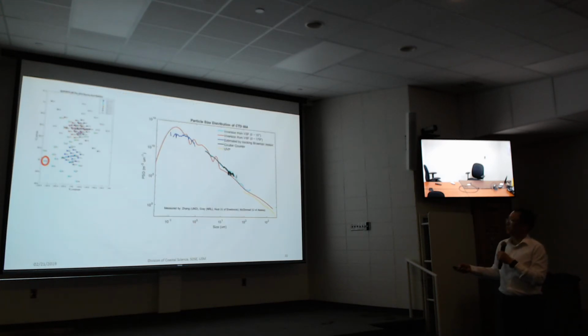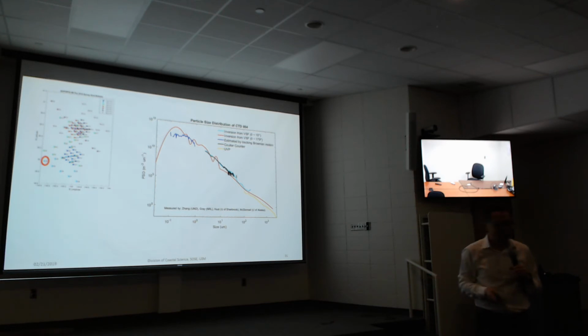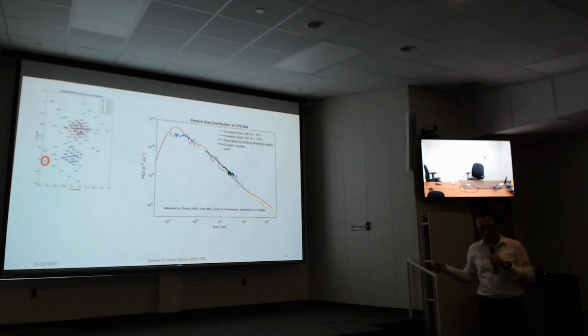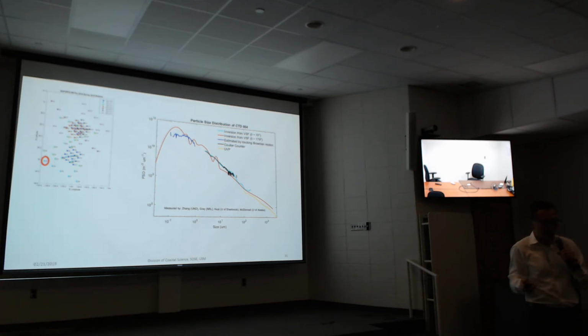And this is the most recent one, which we did last August to September. We spent about 35 days in the North Pacific Ocean. We have this sample station. This is what we got at this station: particle size distribution obtained by different instruments.